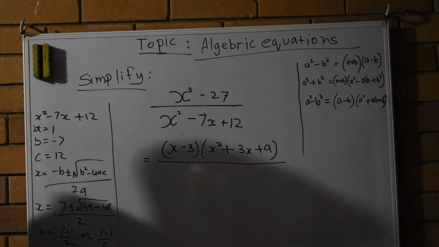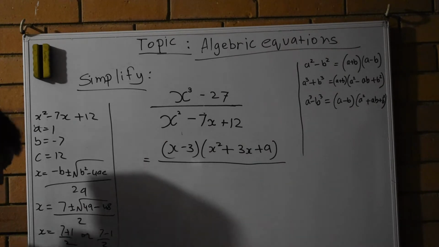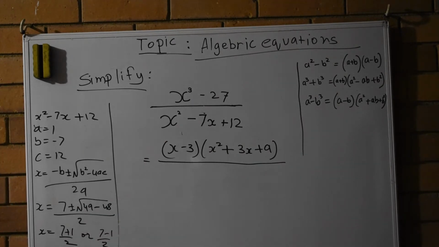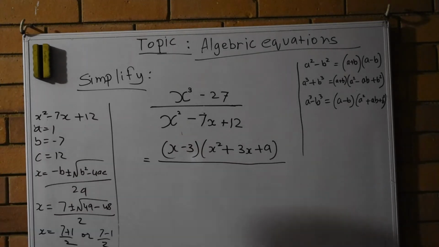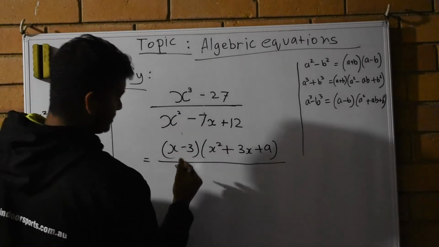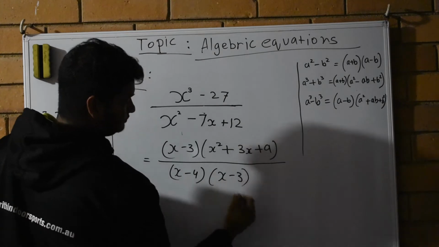So the next step is x minus 4 and x minus 3. These are the factors. What we're going to do now is put them back into the equation, so x minus 4 and x minus 3.